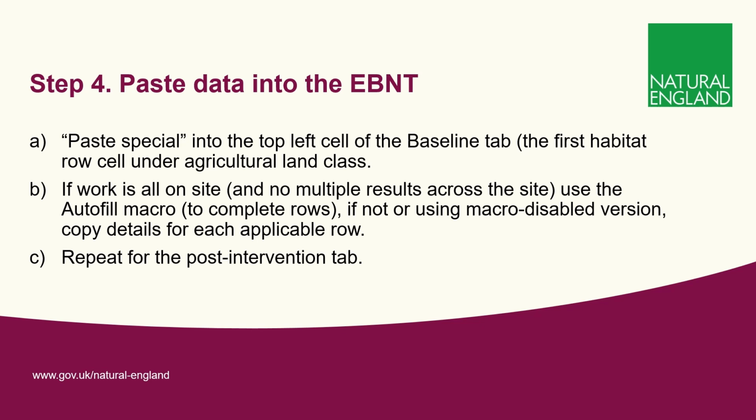What you need to do is click on that, go to paste special, and then if you're using the macro version, and in the case of this where you haven't got multiple different catchments or grades of agricultural land class that differ across the site, you can use the autofill button, which will copy all of that across from the baseline to the post-intervention tabs.